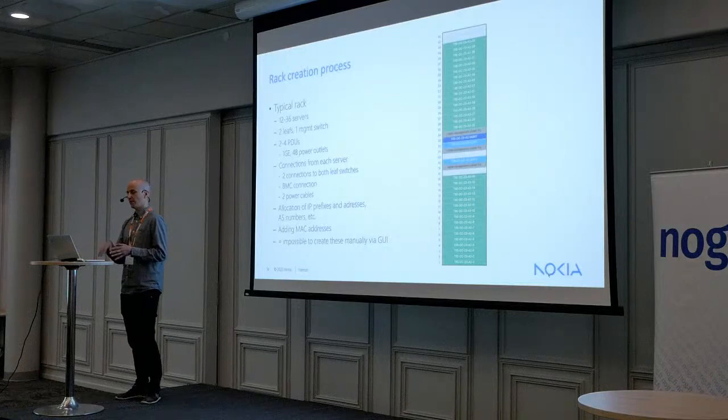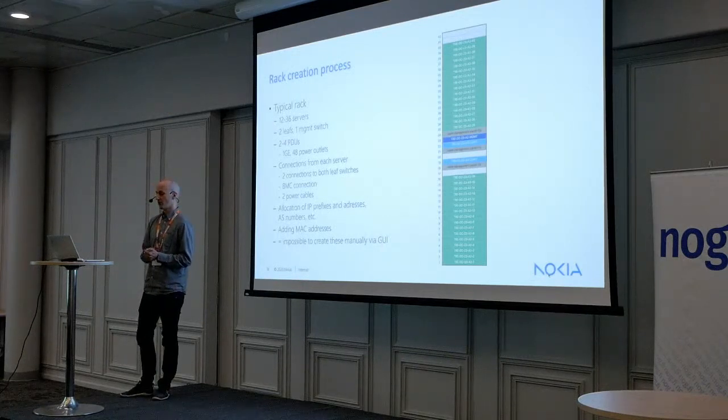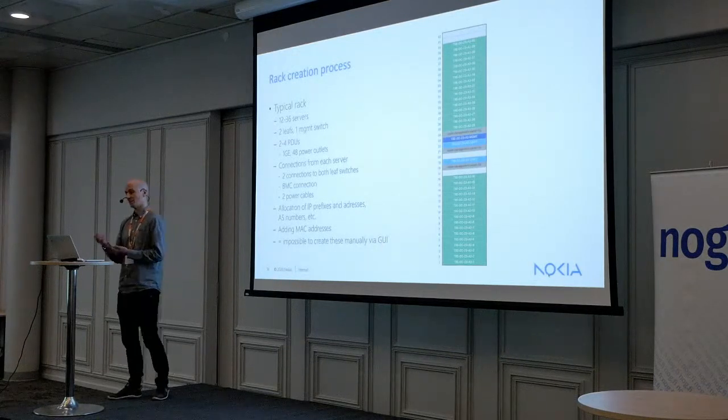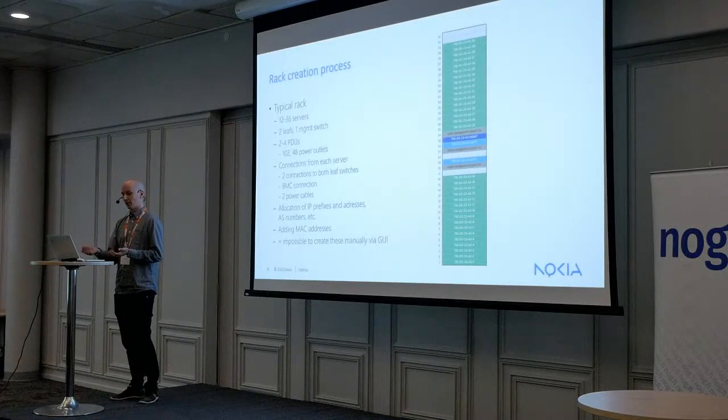And creating this kind of a rack in NetBox via the GUI would be more than 400 operations. So it would be quite time-consuming, boring, and very error-prone. And I would say that this would be quite impossible to create via GUI if you need to do like 10 racks.